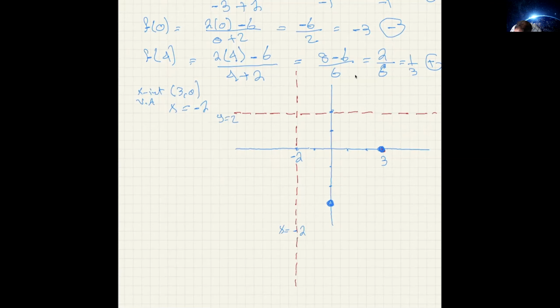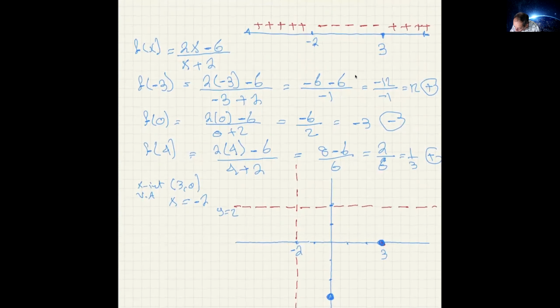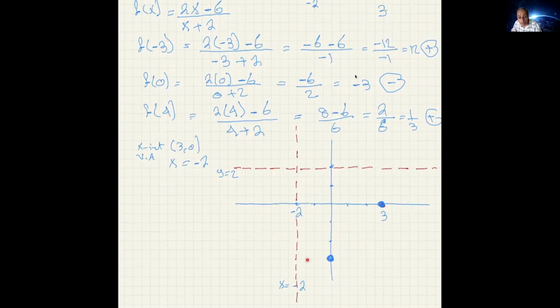And now we're going to graph the function. So I graph this function that way based on what I have here. From 3 to infinity is positive, so it must be here, positive. And then below 3 here, that would be negative and passes through this point and goes close to the vertical asymptote.